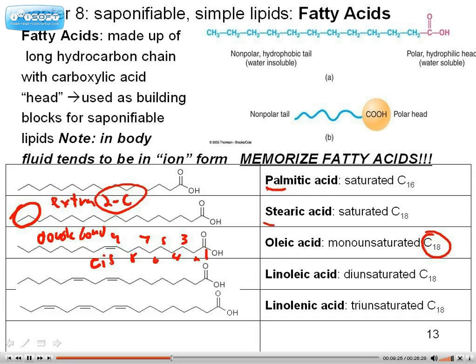The body prefers cis over trans. It's been a big marketing ploy to tell you there are no trans fatty acids. You could have both, although the body does prefer cis. In this case for linoleic acid, it's a diunsaturated fatty acid. Counting from right to left, on carbon 9 and carbon 12, we have 2 cis double bonds.